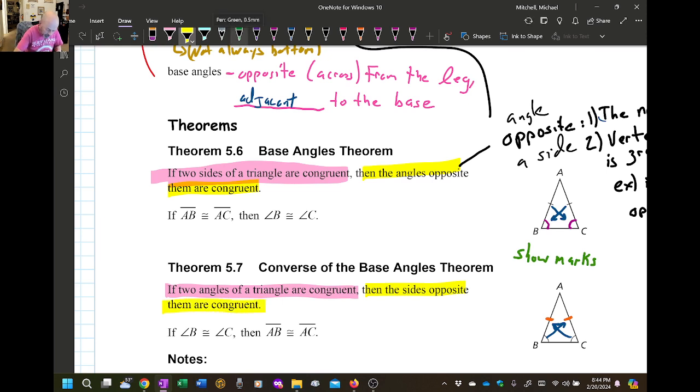So the first one up here, if the sides are congruent, it gives us those congruent angles. Let's try a different color here. We can see those matching up, just the sides opposite. Down here, it's doing just the opposite.